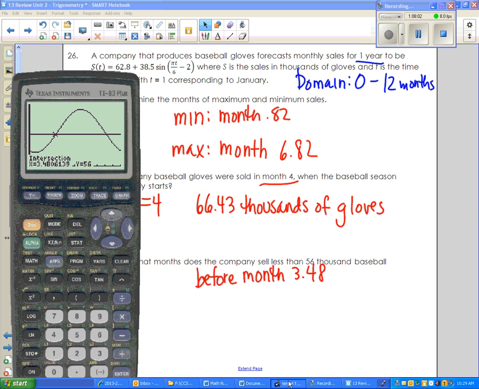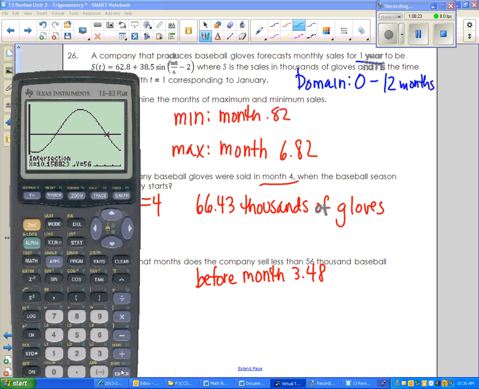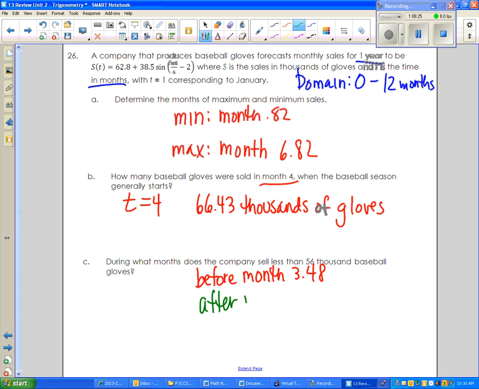And then the other part of the solution would be after the other intersection point, and that would be month 10.16. Okay. And that's a disjunction, so we'd use the word or.